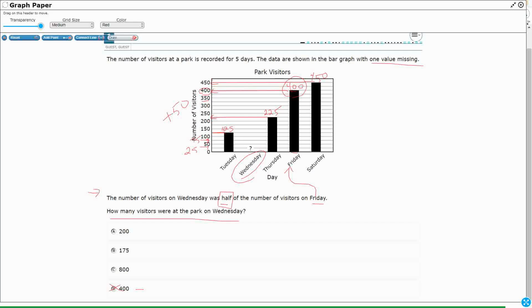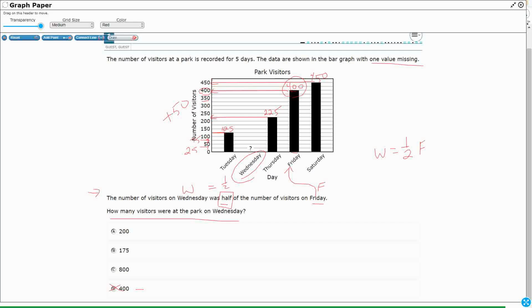Okay, so Wednesday, I'm going to make that W, equals half of Friday. So W equals 1/2 F. As we get older into middle school, we're going to start seeing more and more equations that look like this. But we're trying to describe the relationship between these two.